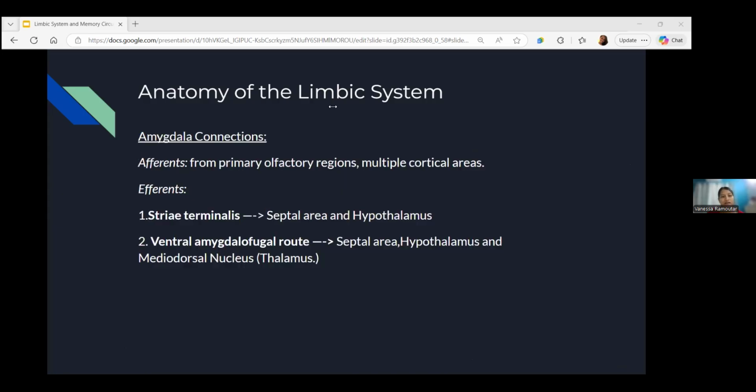The main afferents to the amygdala are from the primary olfactory regions and cortical areas, and the efferents include the stria terminalis, which is the main efferent tract to the septal area and the hypothalamus, and the ventral amygdalofugal route, where fibers terminate in the septal area, the hypothalamus, and the mediodorsal nucleus of the thalamus.